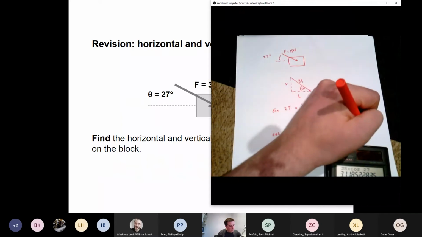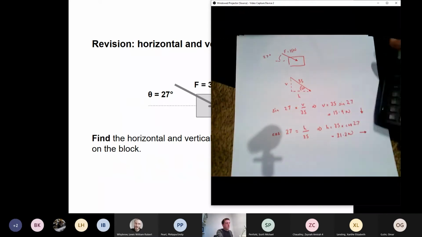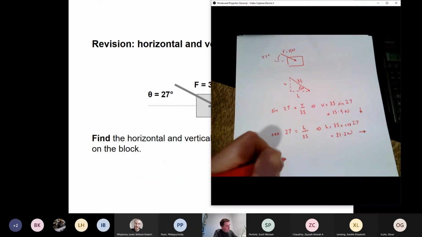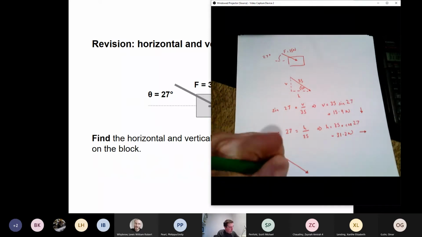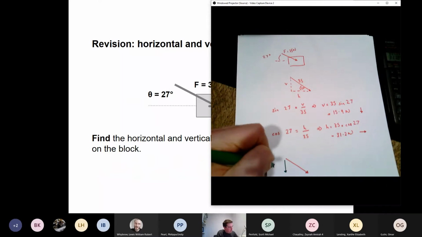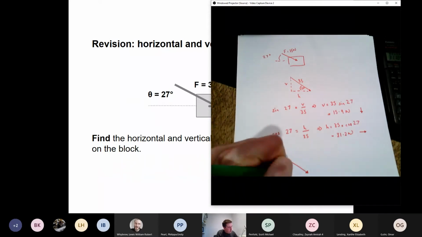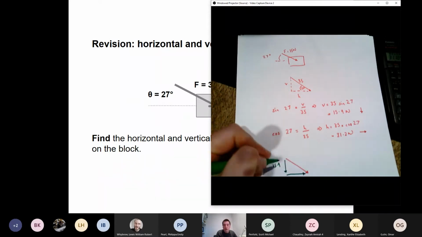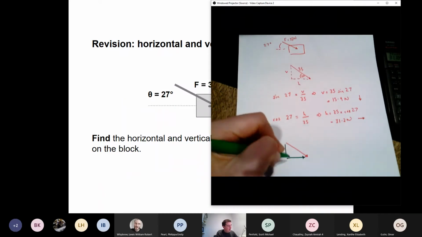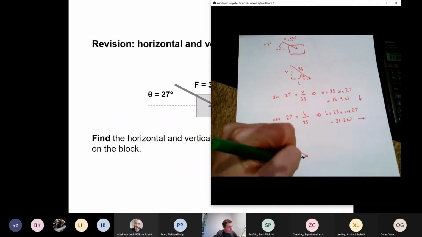And that's going to be to the right. So what we're saying is this force that acted down and to the right can be replaced by the effect of a force acting downwards, and that's 15.9 newtons, plus the effect of a force acting to the right, and that is 31.2 newtons.